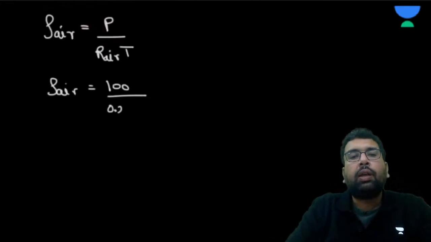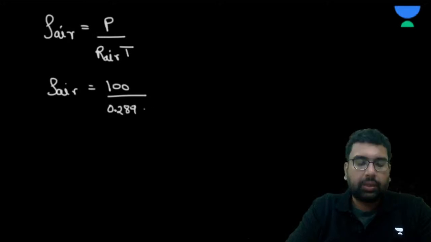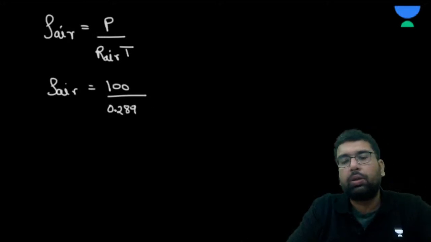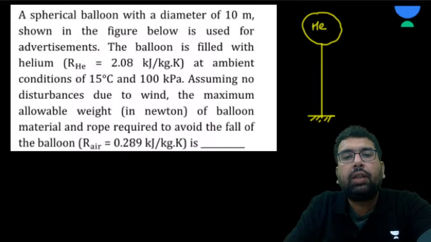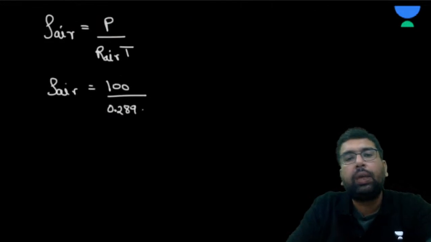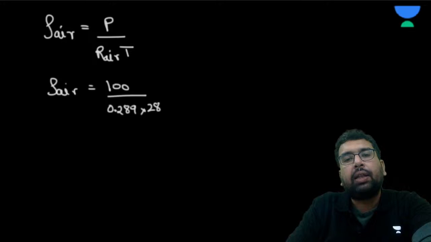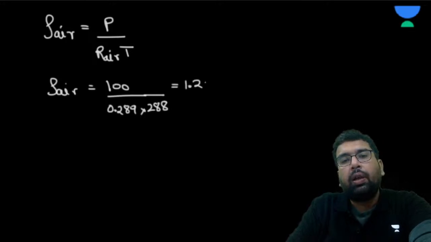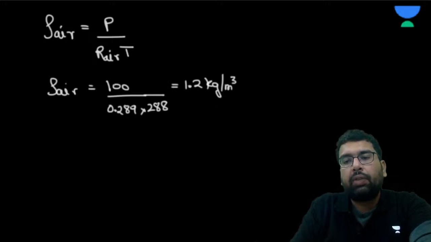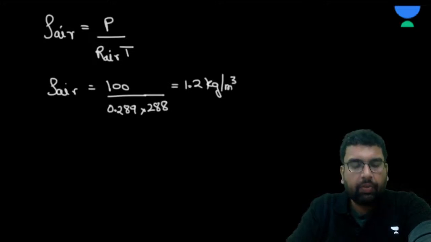For the R, that is the characteristic gas constant of air, you must remember it also. And the temperature is 15 degrees, that is again 288 K. From here you can get the density of air. It will be 1.2 kg per meter cube. So the density of air we have got here.